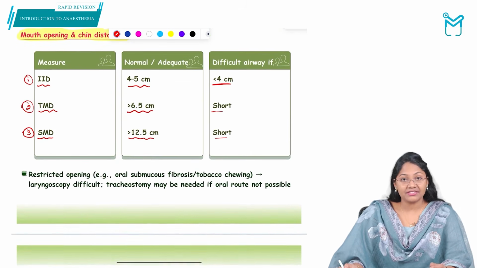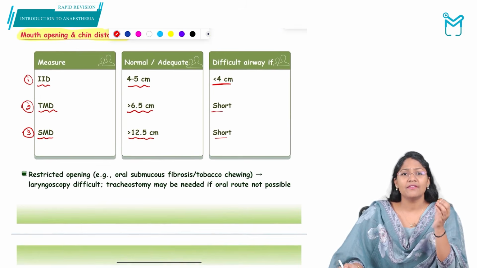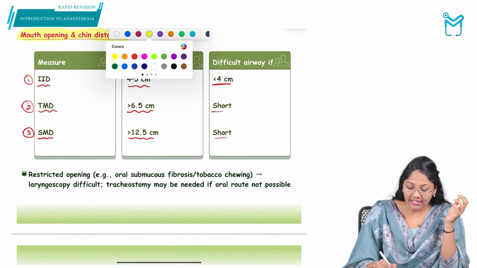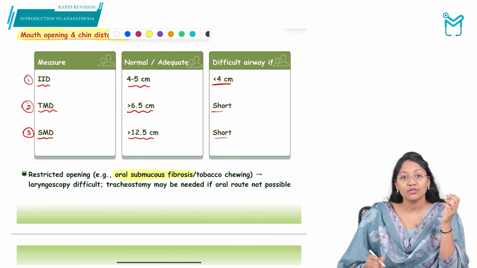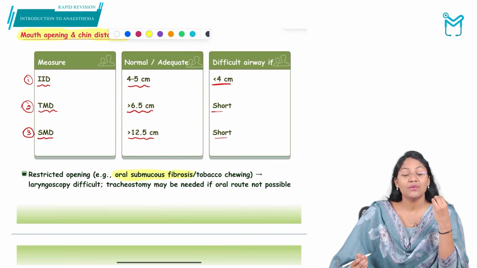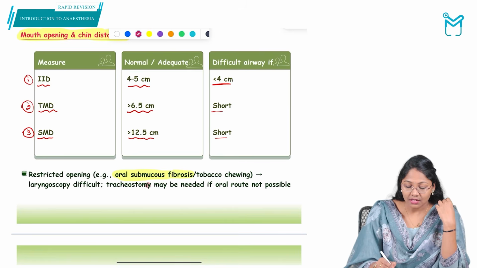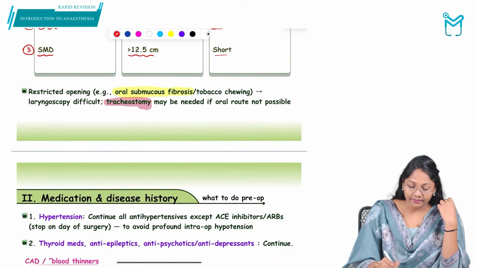Now, when there is a restricted opening, for example, a patient who has a long history of tobacco chewing, due to the tobacco chewing there is oral submucous fibrosis in the oral cavity which doesn't allow for the intubation process. In those patients, what we do is we do the tracheostomy.